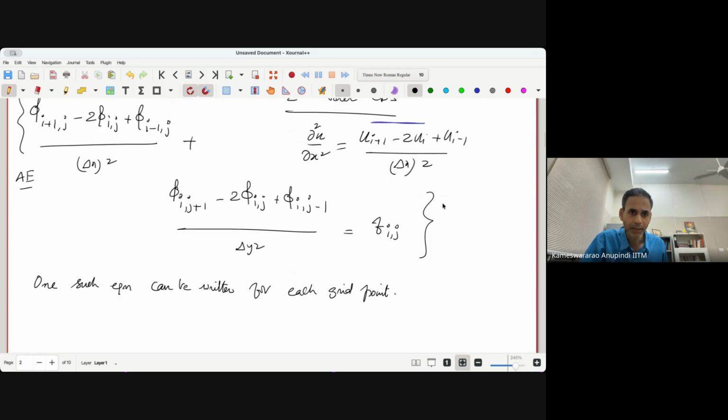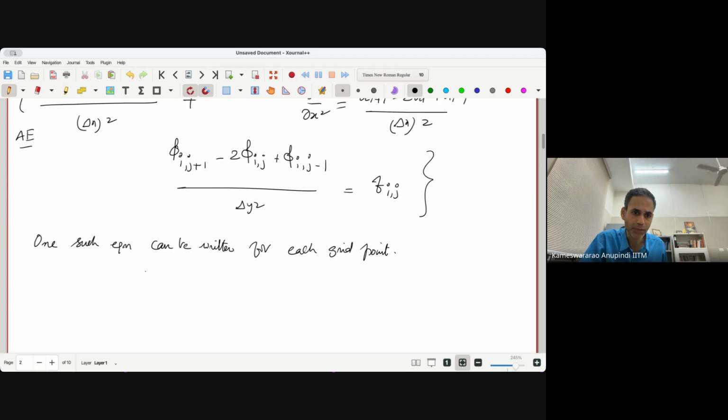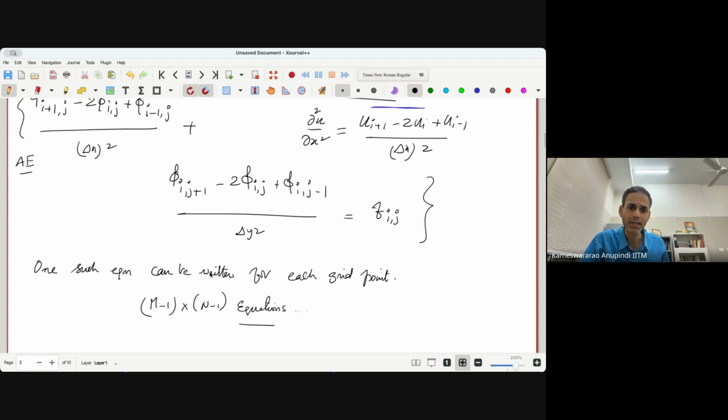So then what we see is that we can write one such equation for each grid point, which is going to give us essentially m-1 times n-1 equations. As we realize, we have as many unknowns as the number of equations.